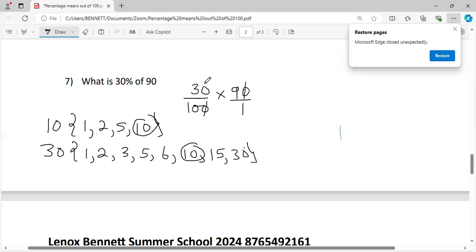So 10 into 30 goes 3 times, 10 into itself 1. So our final answer would be 3 times 9. 3 nines is what? 27? So that will be 27.